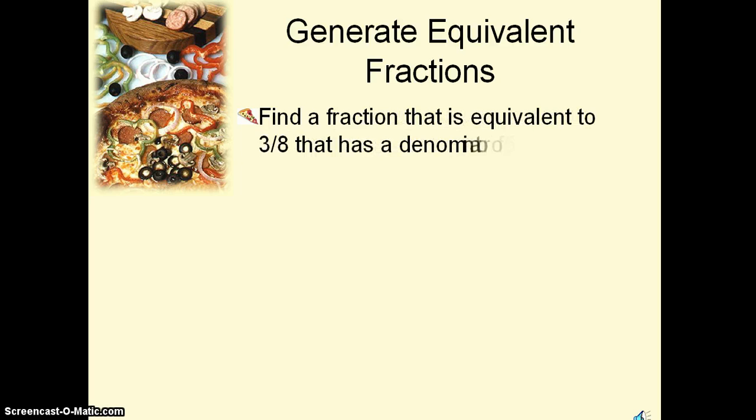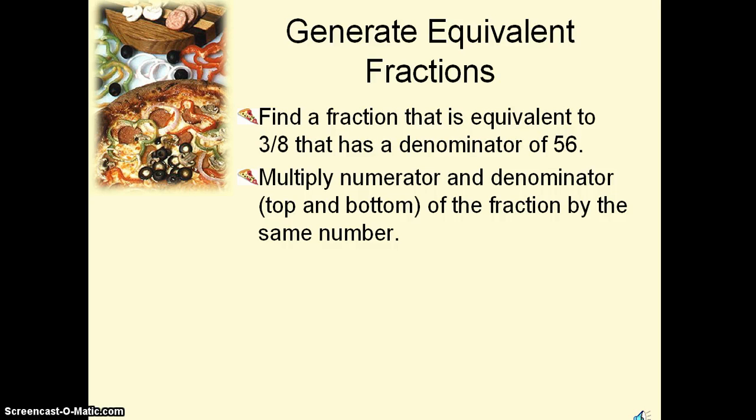So we want to find a fraction that is equivalent to 3/8 and has a denominator of 56. We're going to multiply the numerator and the denominator of the fraction by the same number. 3 over 8 times what would equal something over 56? So what we do is we ask ourselves, what can I multiply 8 times to get 56?